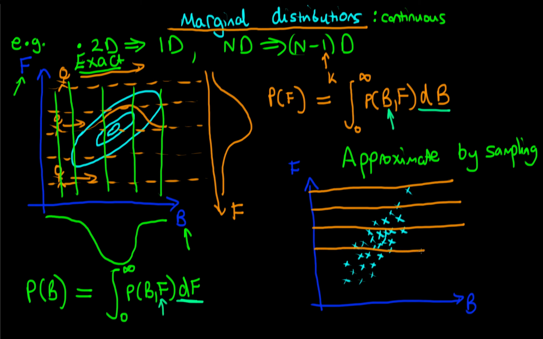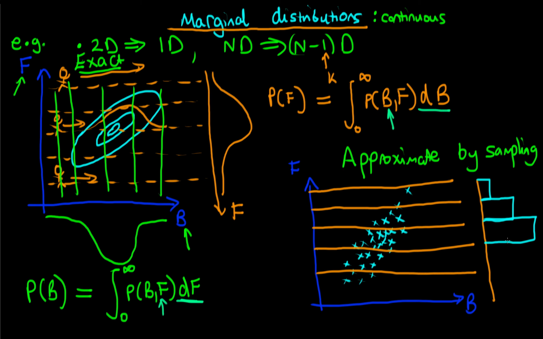Then we could imagine binning our body fat variable into, in this case, 1, 2, 3, 4, 5 separate bins, and then we count the number of samples that fall in each bin and draw a histogram using those bin counts. Here in the first bin we've only got a couple, in the next bin quite a few more, and in the third bin we've got the most. Then we've got quite a few in the next bin, and relatively few in the one after that.